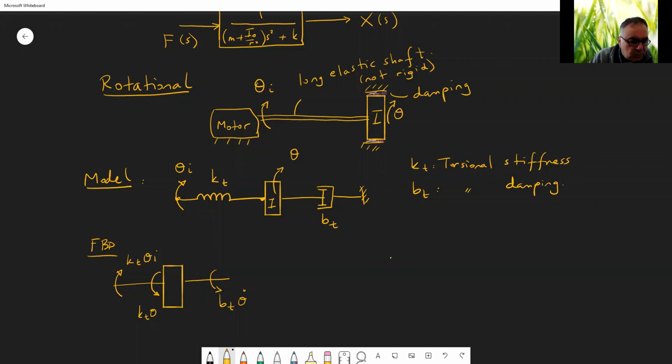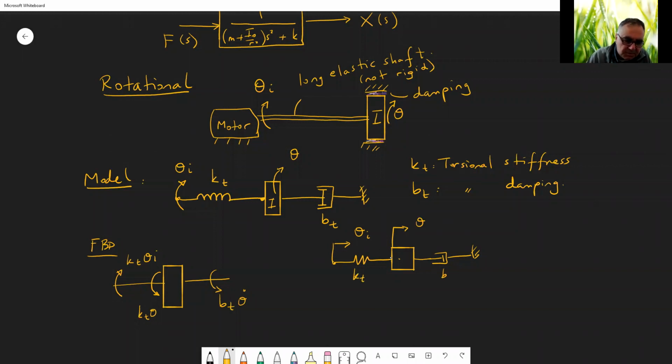Now, since this is confusing in terms of rotations, try to imagine this like a translational system, like this. It is much easier to do it this way, to imagine it this way at least. So you have, let's say, theta I is here, theta is here, and that's all.